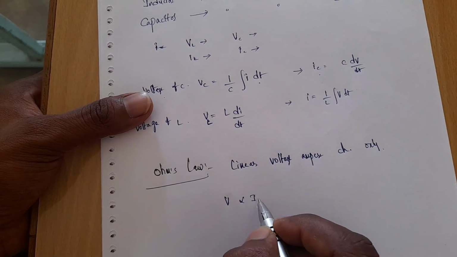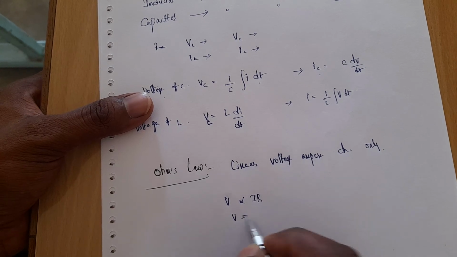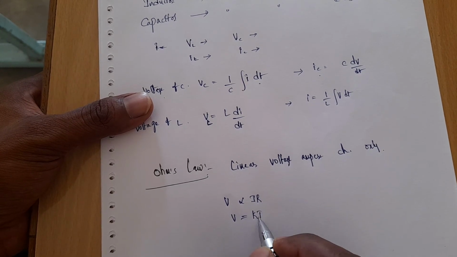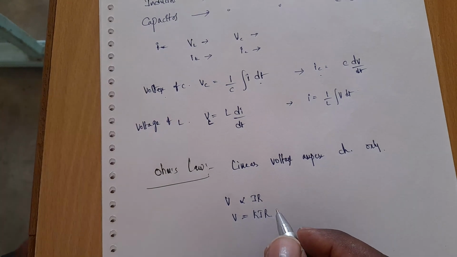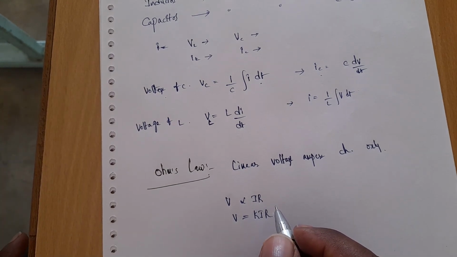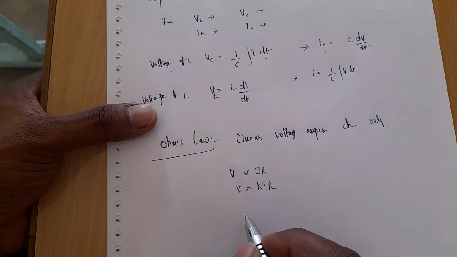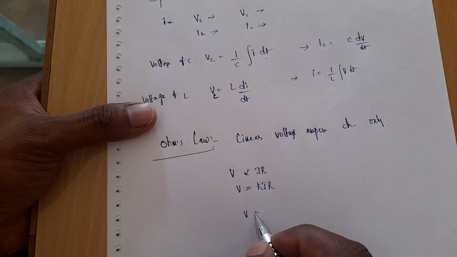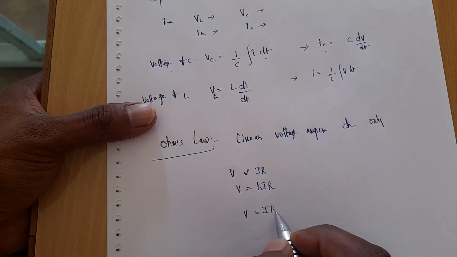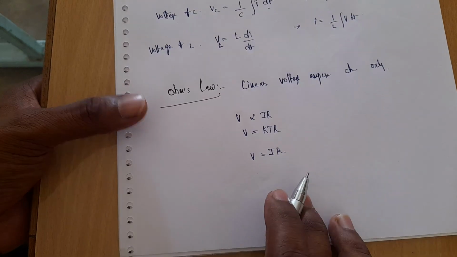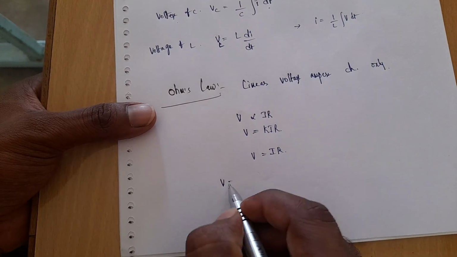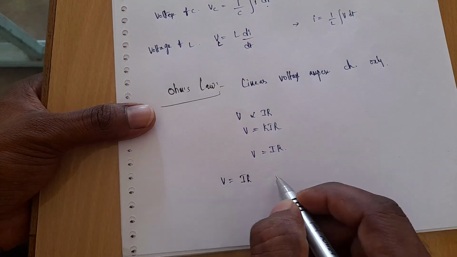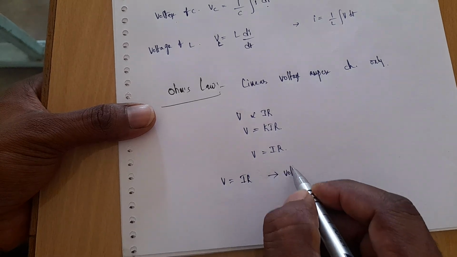Therefore V is directly proportional to I, so it can be represented as V is equal to K into I into R, where K is some constant. If you consider K is equal to 1, it can be represented as V is equal to IR. The voltage is denoted in volts.